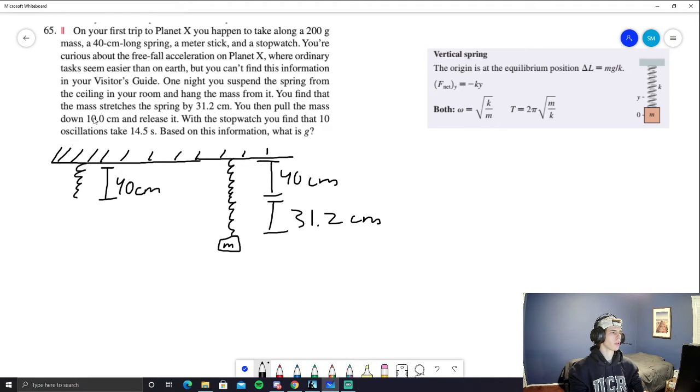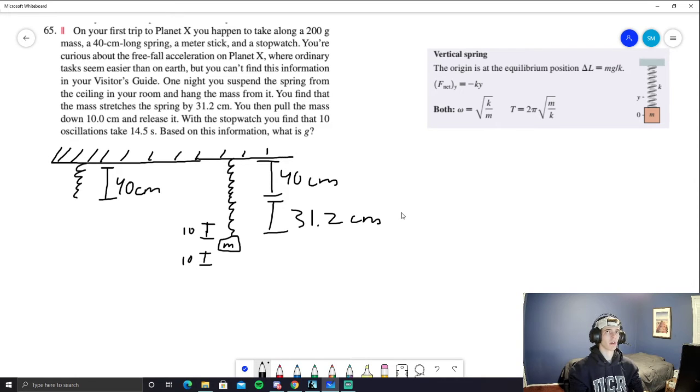Additionally, we pull it down 10 centimeters and release it, and then it oscillates back and forth, and it takes 14.5 seconds to go up and down 10 times.